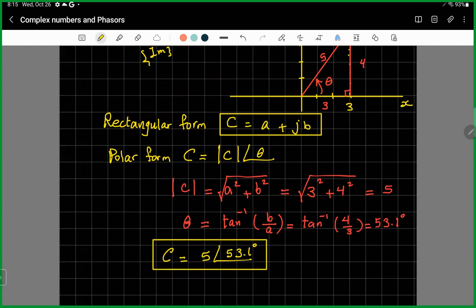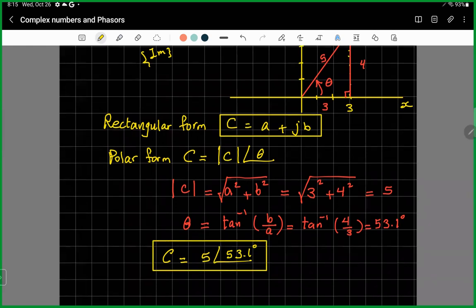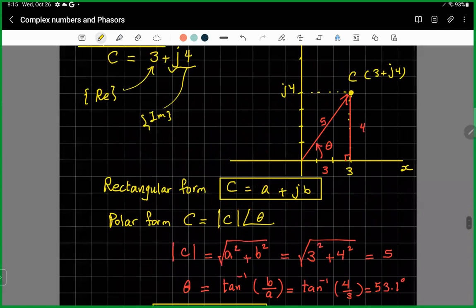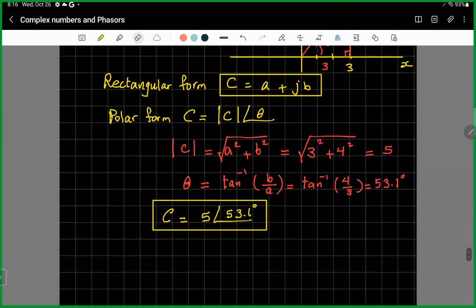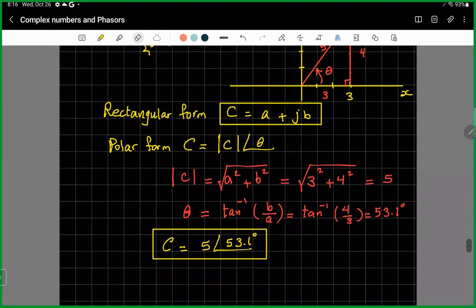And you have to remember this angle theta is always measured from the positive x-axis in the direction of what? Counterclockwise, right? That's the polar form. Simple. So you should now be able to convert from rectangular form to polar form, and from polar form to rectangular form.